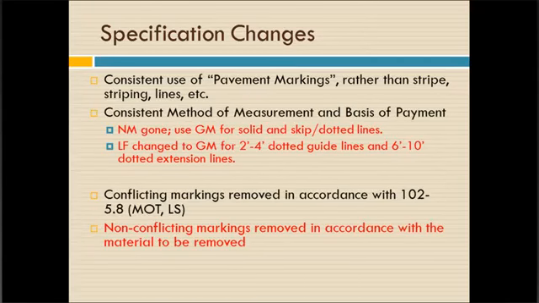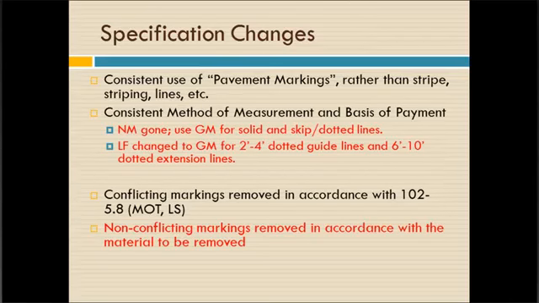We've mentioned here the consistent method of measurement. The net mile unit is gone, and we now use the gross mile for both the solid and the skip or dotted lines. When we started looking at the change for that net mile versus gross mile, we went back to the dictionary definition, and really what we do show on the plans are the station-to-station lengths, which was better described by the term gross mile.